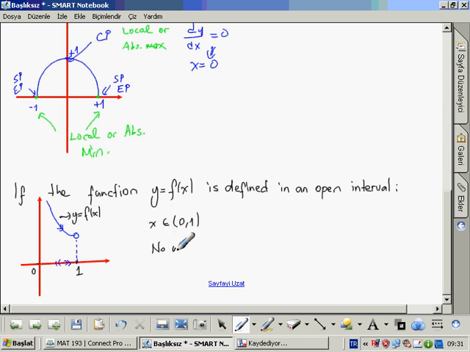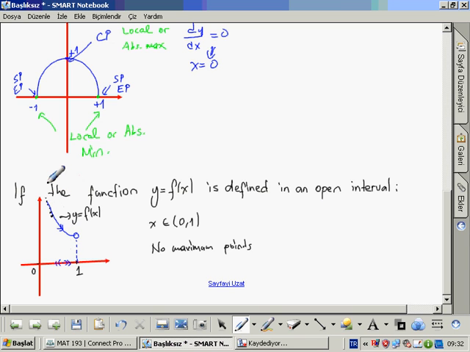There are no maximum points. If you select this point as the maximum point, you can find another point which is larger than this point, and it goes on like that.